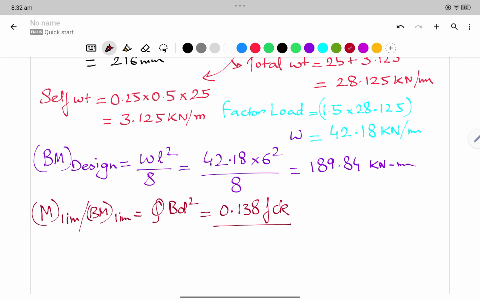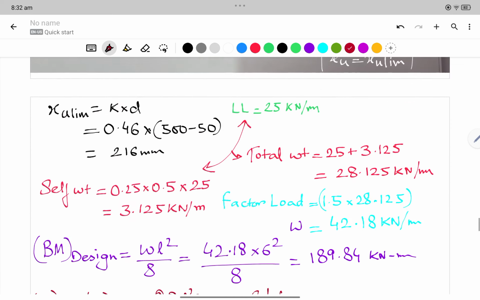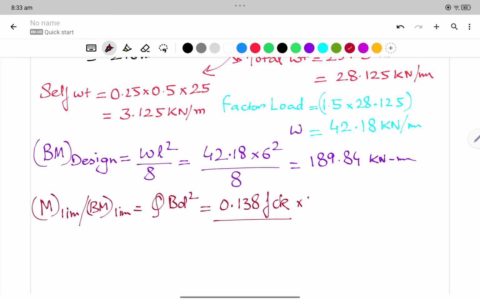This is the value of the Q, and b is given as 250, and d is given as 500, minus cover, 450.